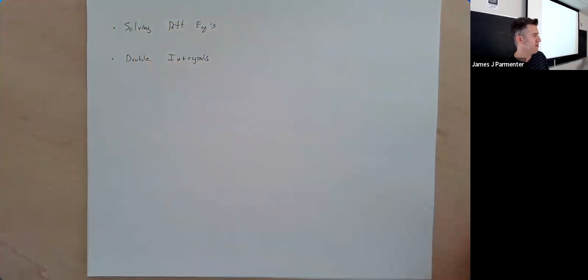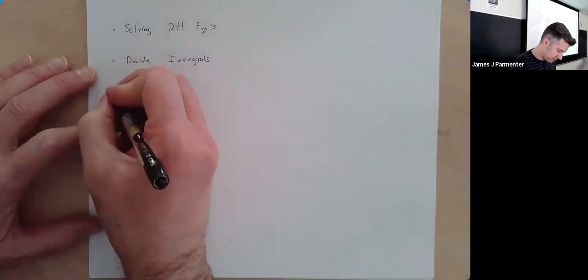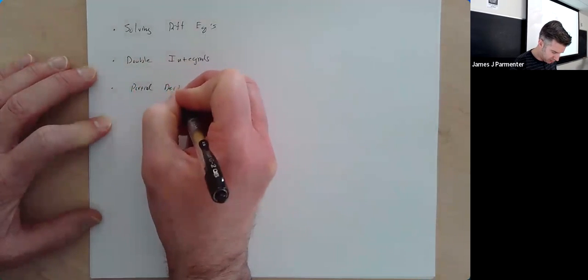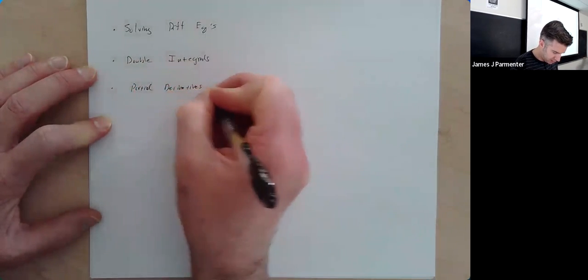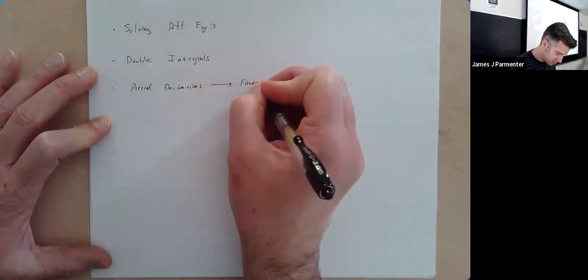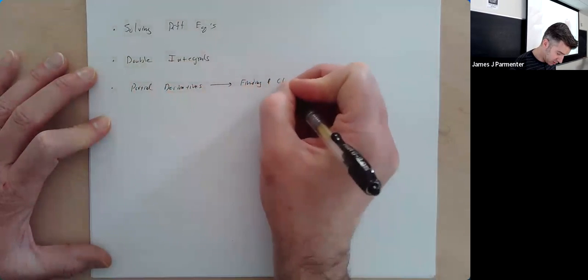What have you all thought of that might be on your final? Or have you? It's okay if you haven't. Yeah. Sure, partial derivatives. Ooh, yeah. And in that vein, I would say partial derivatives, and that goes along with finding and classifying extrema.